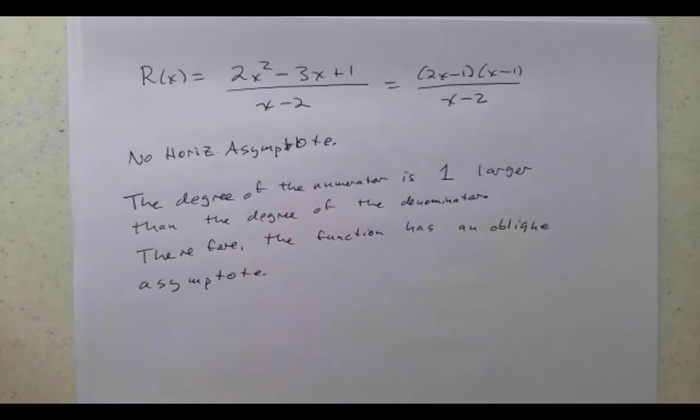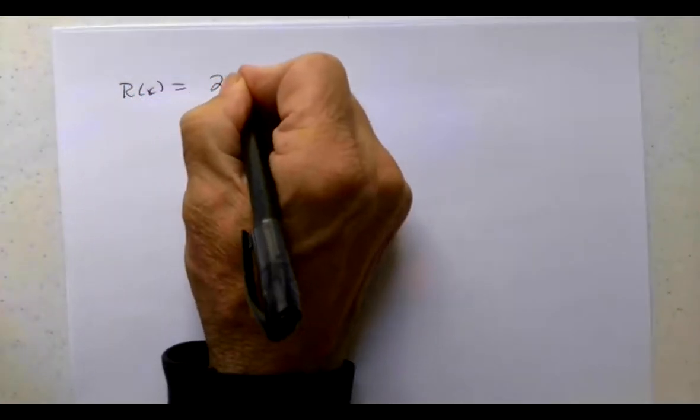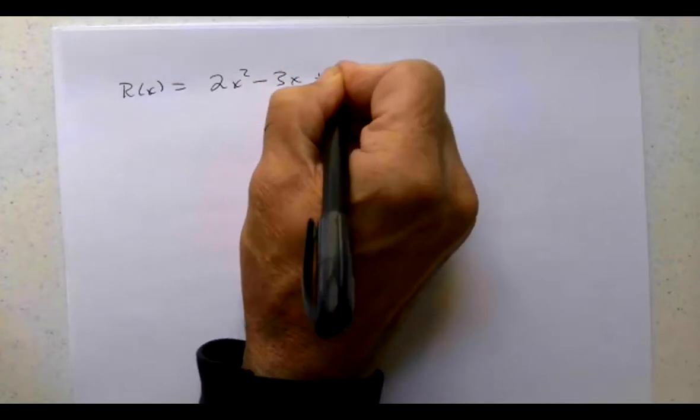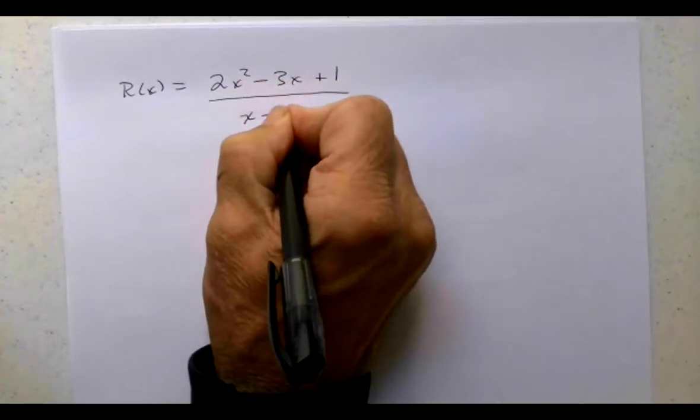Now, how do I find that? Well, I will do long division first. So again, we have r of x is 2x squared minus 3x plus 1 over x minus 2.